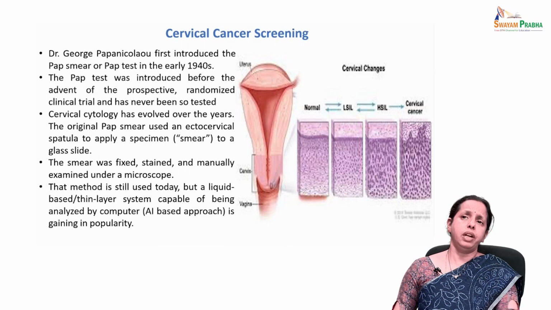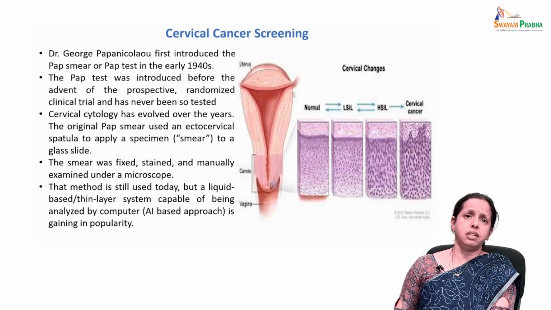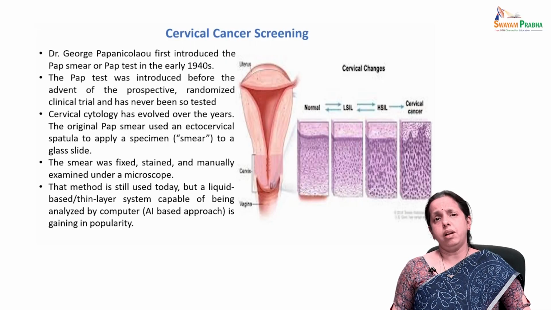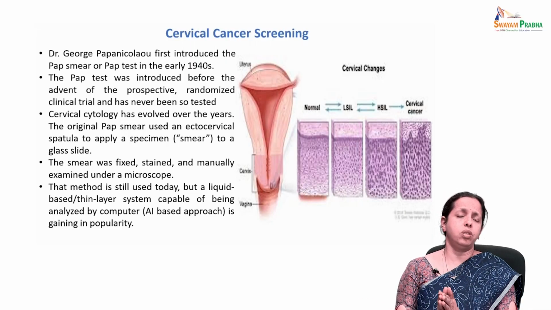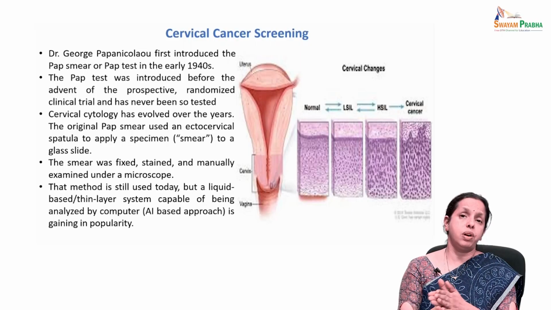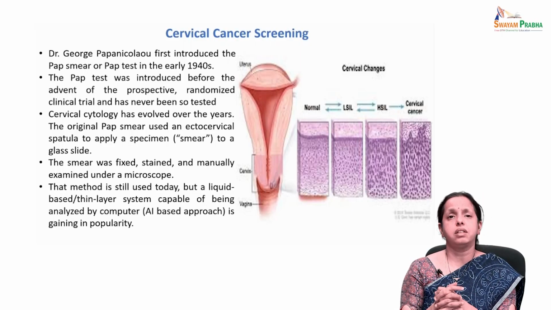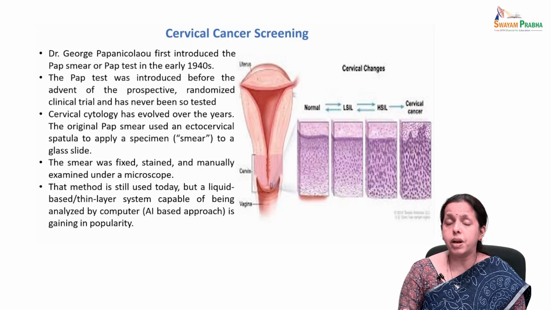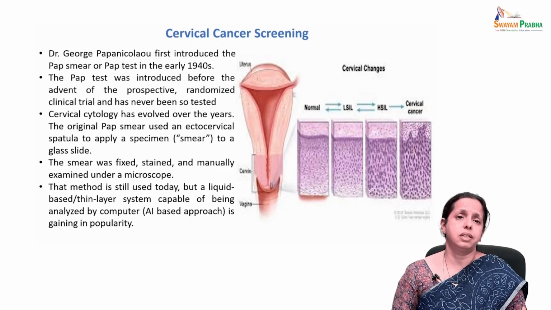Now coming to a very important topic, cervical cancer screening. We've been discussing very much in the last session the different government policies for cervical cancer. We were talking about how the presence of HPV could be a prelude for cervical cancer.